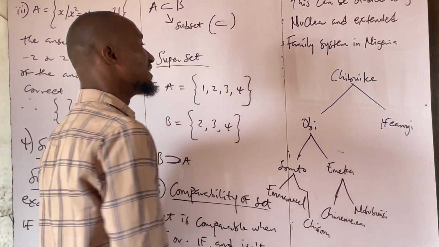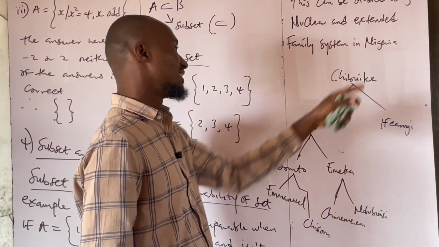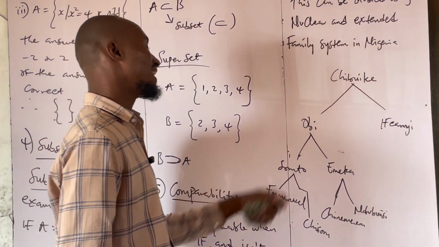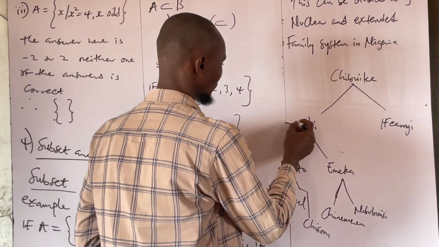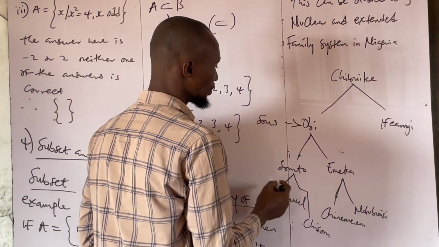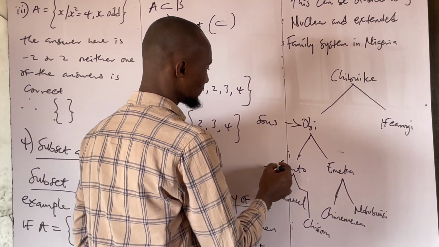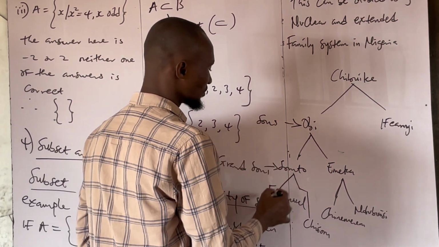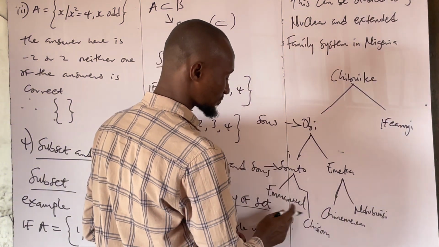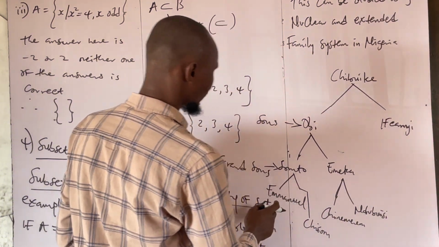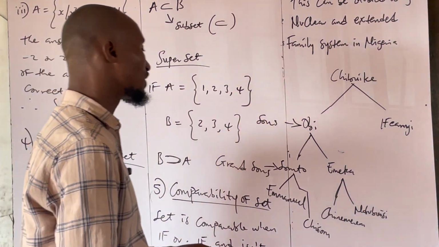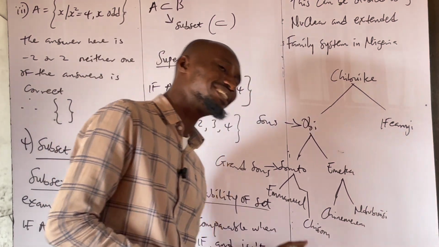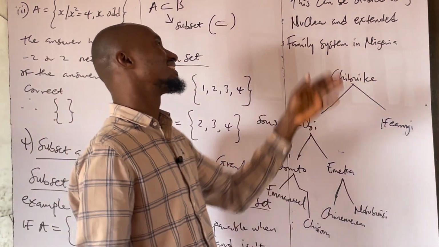Now, this one is sons. These ones are grandsons. This one is great grandsons. If they continue, we are going to have great great grandsons. So this is set of sets.